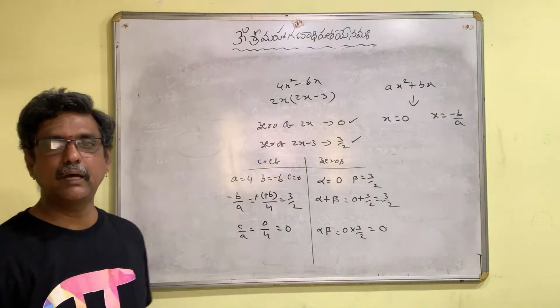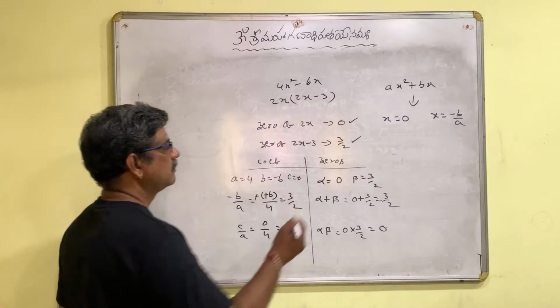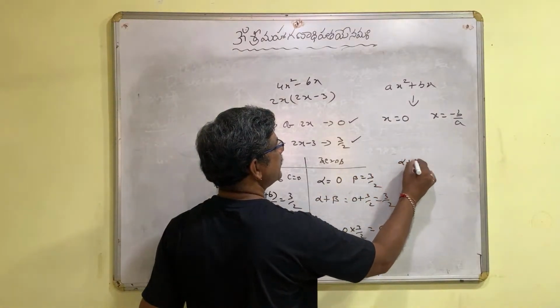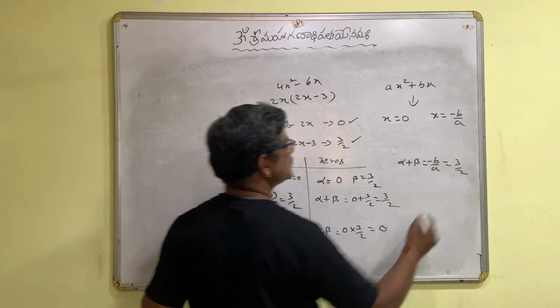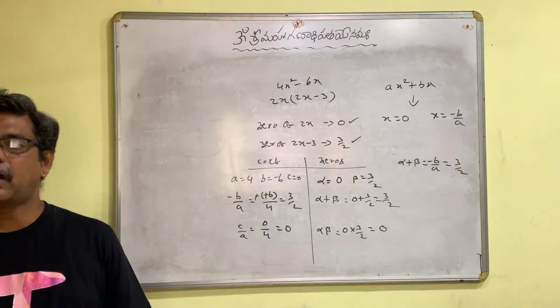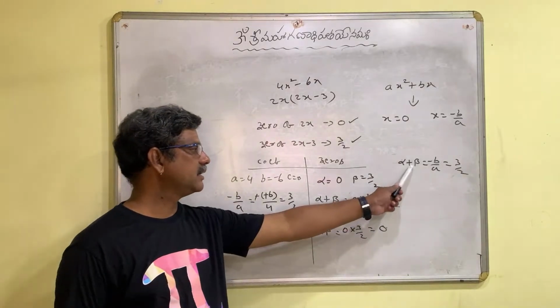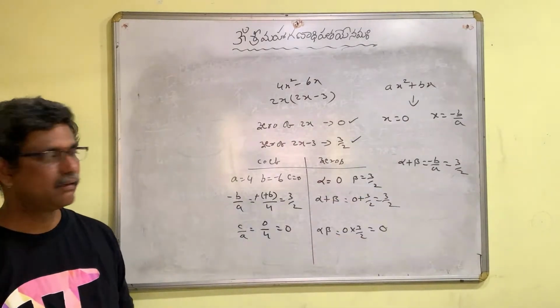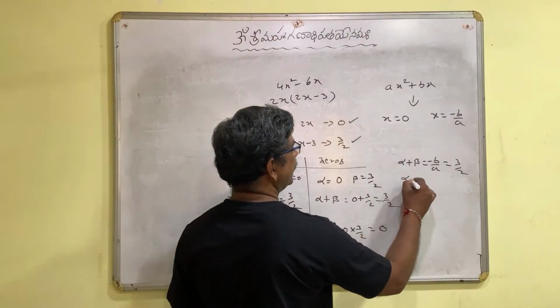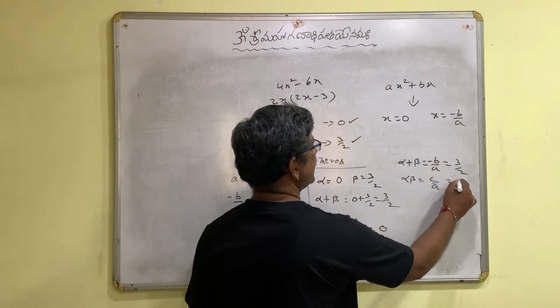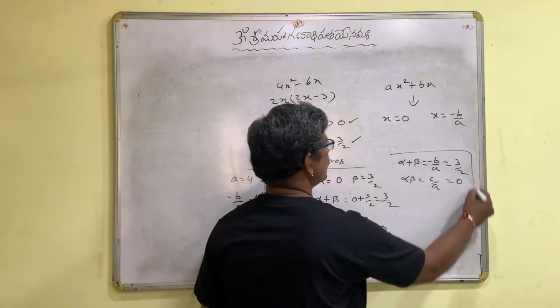So what can we observe? Alpha plus beta is the same as minus b by a, which is 3 by 2. And alpha beta is the same as c by a, which is 0.